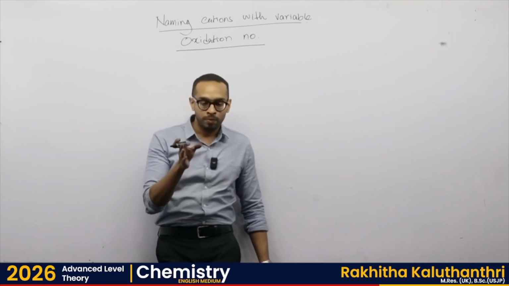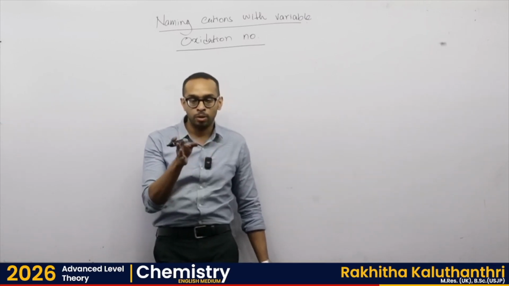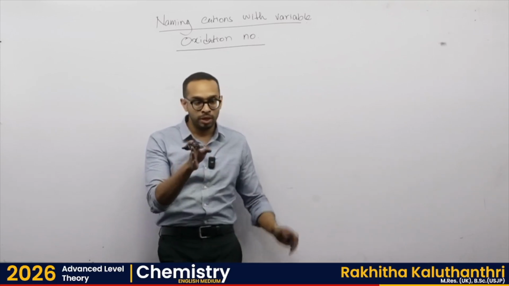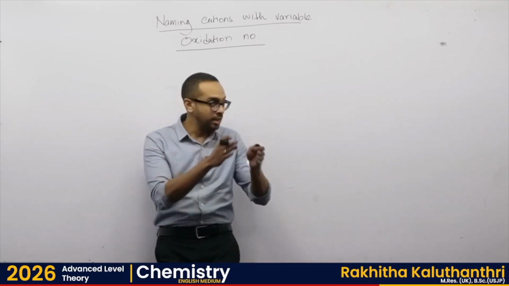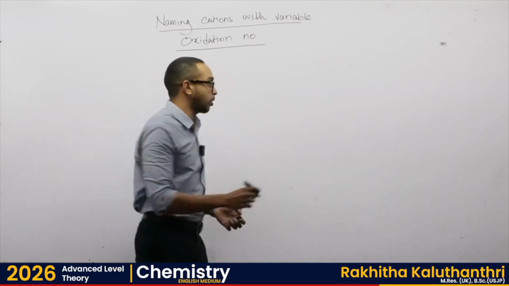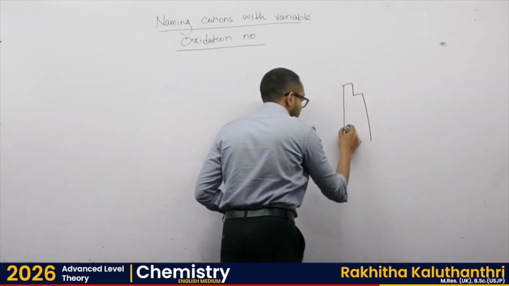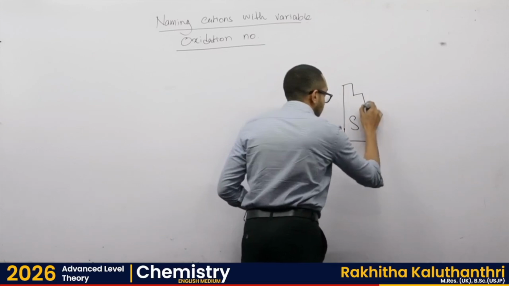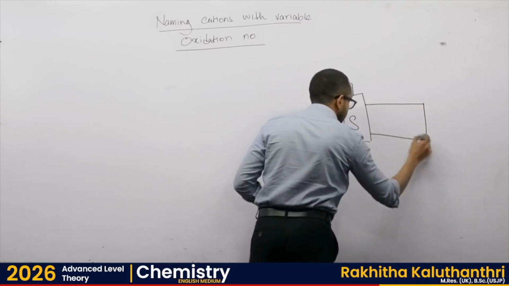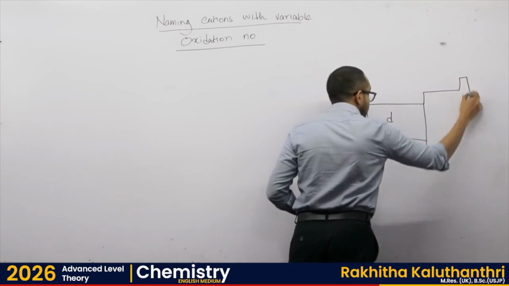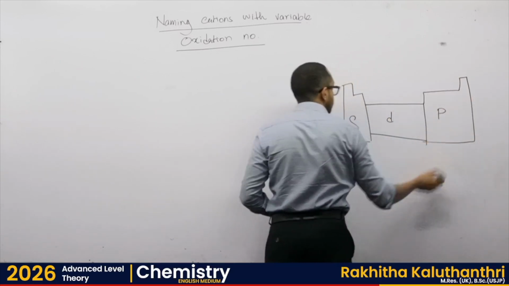But after that we come across group 3 to group 12. That section of the periodic table is referred to as the D block of elements. You would have seen this, right? We have our S block, then we have our D block, then we have our P block.